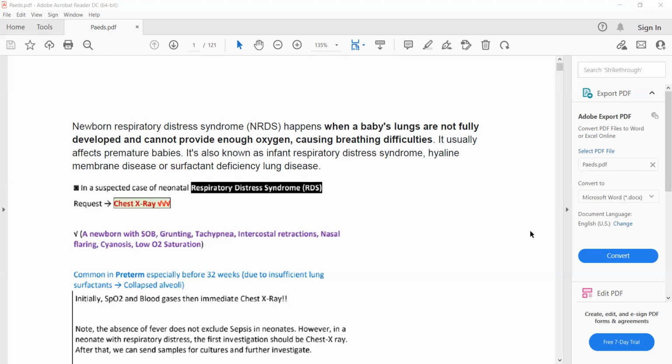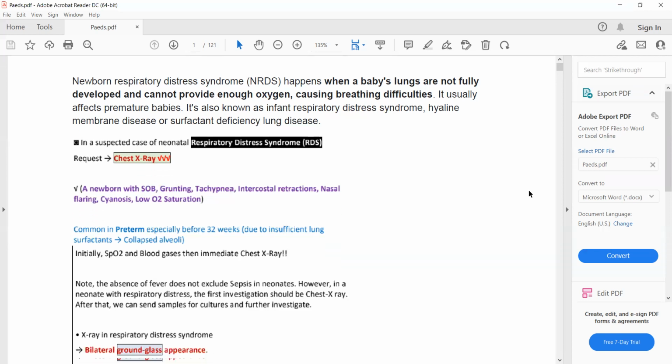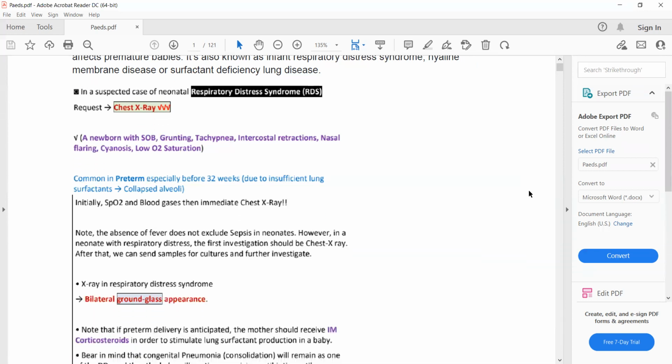What are the features of respiratory distress syndrome? Remember that the diseases that we are going to discuss, such as respiratory distress syndrome, congenital pneumonia, and meconium aspiration, will all have somewhat similar presentation.